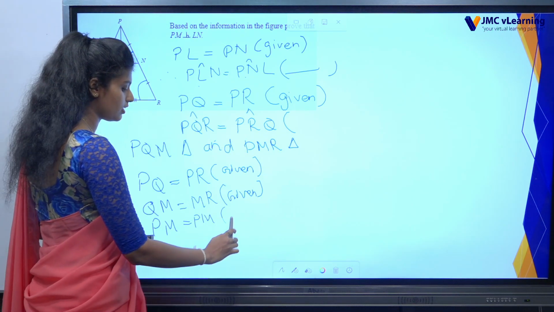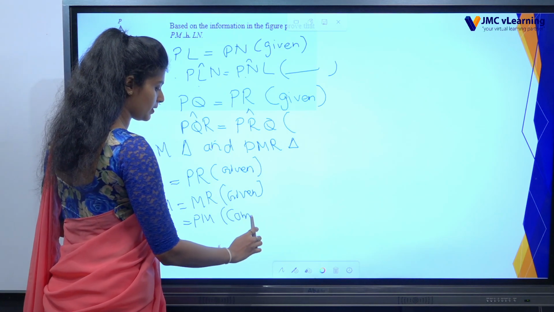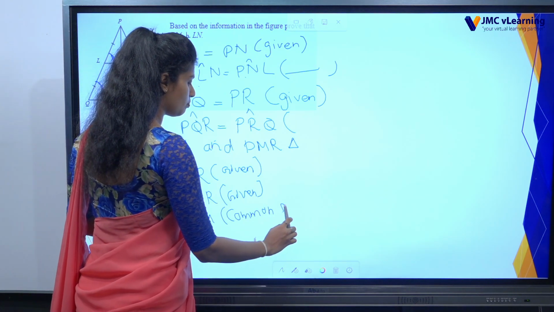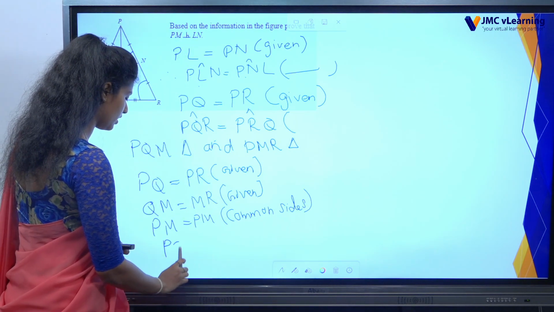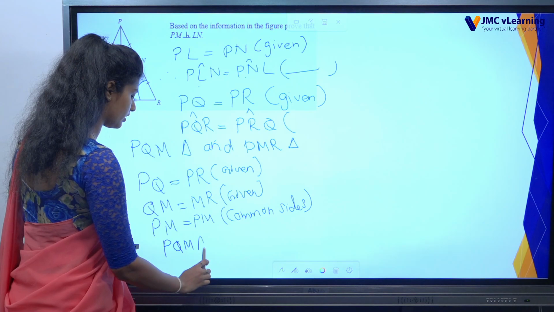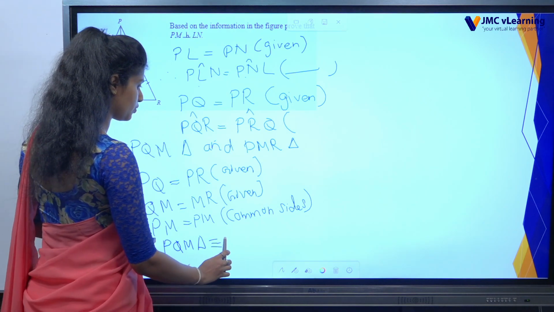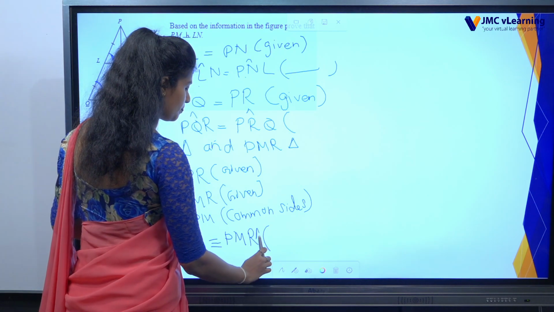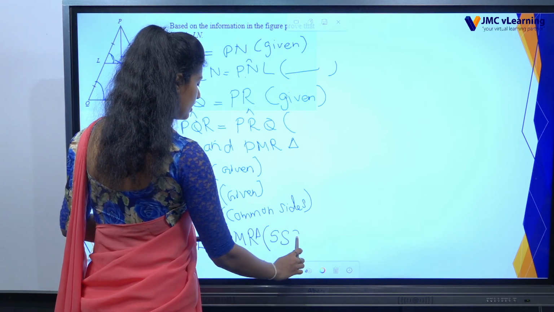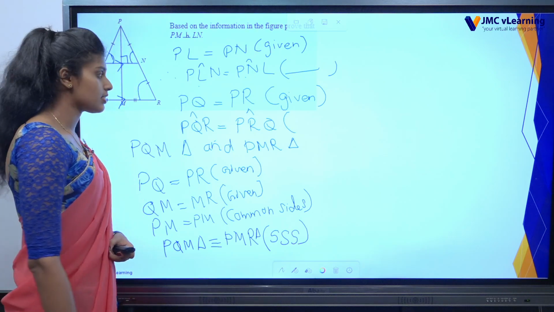Why is that? It is a common side. PM is the common side to both those triangles. That means this PQM triangle is congruent to PMR triangle. Then what is the reason? Side, side, side. All the sides are equal.